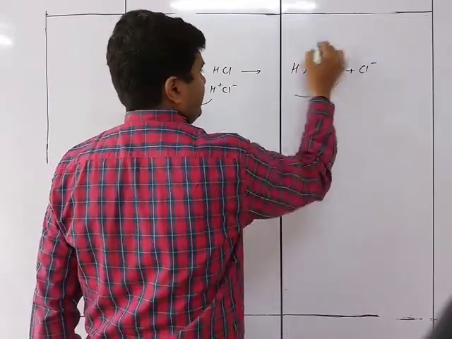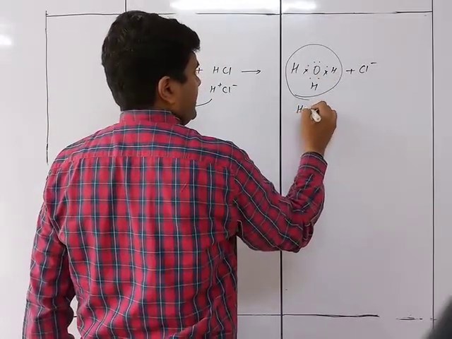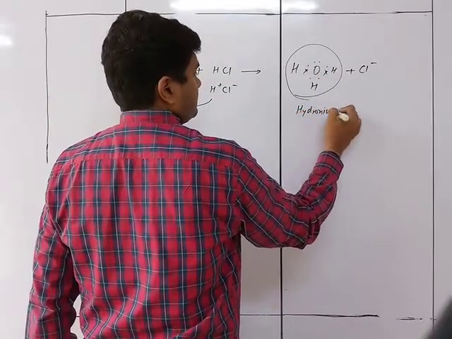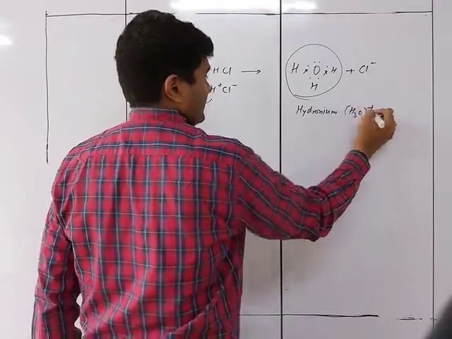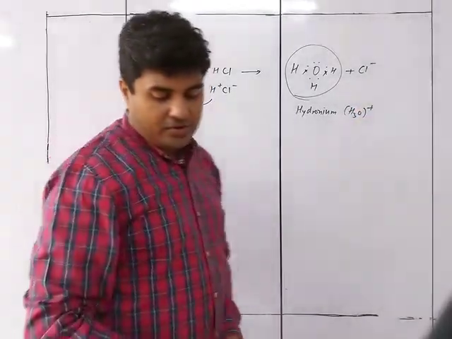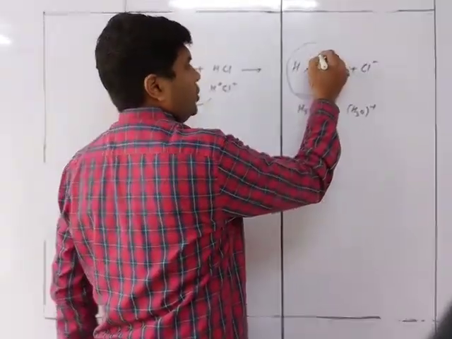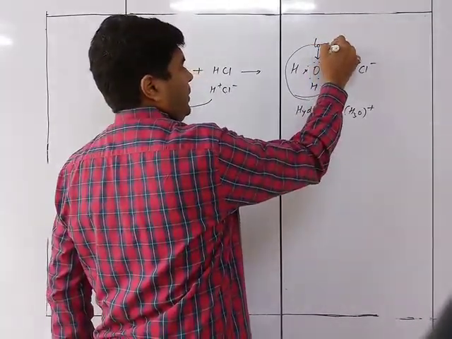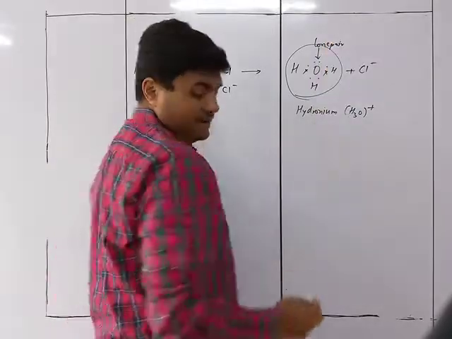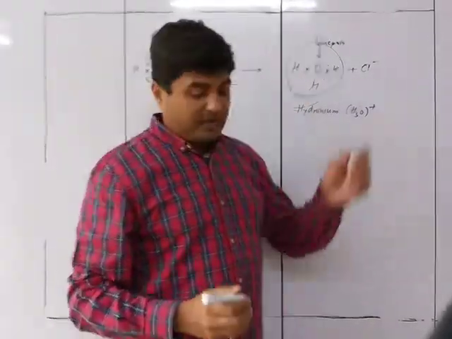So this formation over here is hydronium, H3O plus. This is how the hydronium H3O plus is formed. It will still have a lone pair over here. This is the lone pair of the hydronium, and this Cl minus will be remaining.